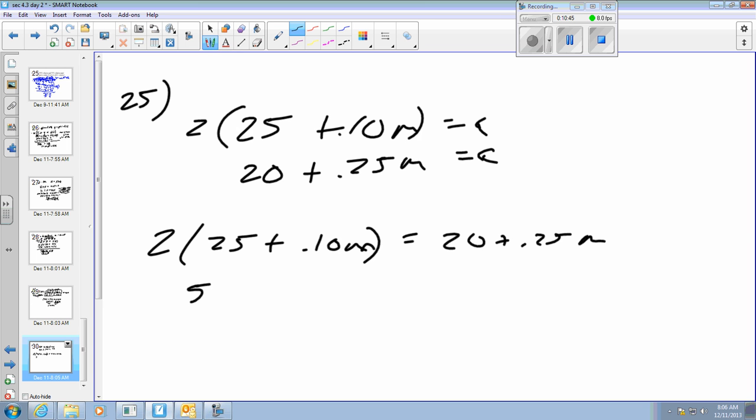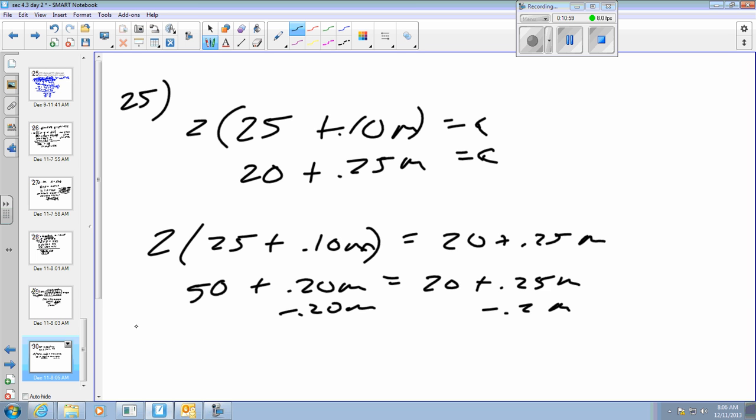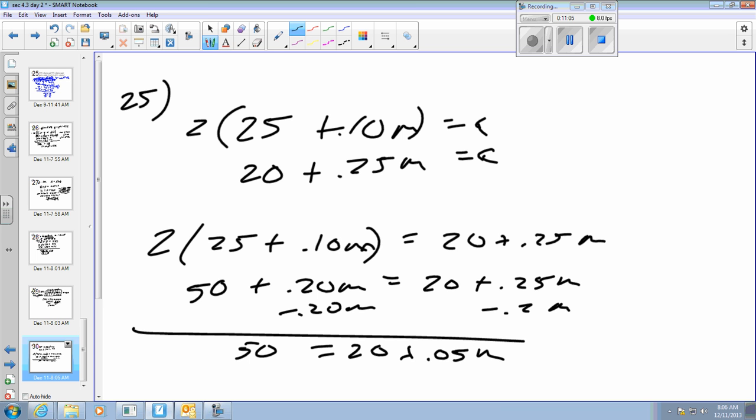Simplify, I get 50 plus 0.2 m equals 20 plus 0.25 m. Subtract 0.2m, subtract 0.2m, and I get 50 equals 20 plus 0.05m.